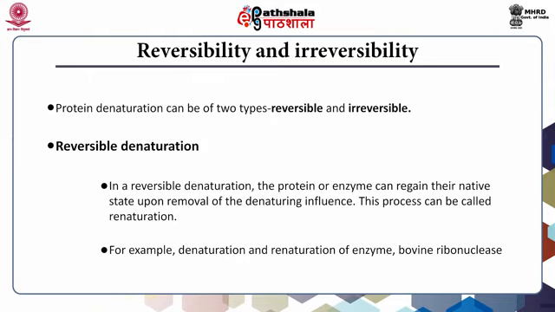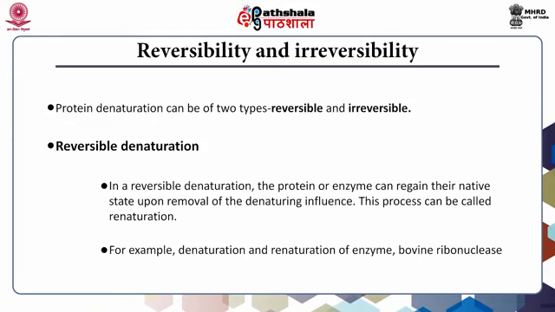However, when the denaturing influence, that is the urea and beta mercaptoethanol, is removed, the denatured ribonuclease slowly regains the enzymatic activity. This happens as the SH groups get gradually oxidized by the oxygen present in the air to form SS disulfide bonds.